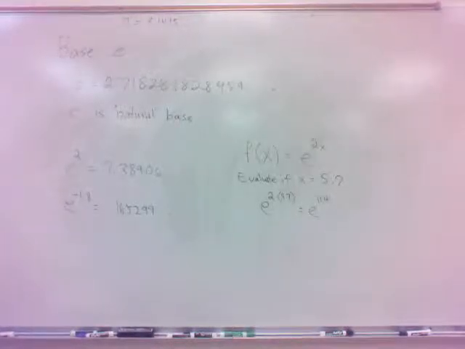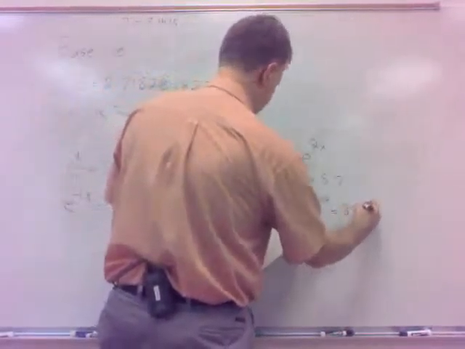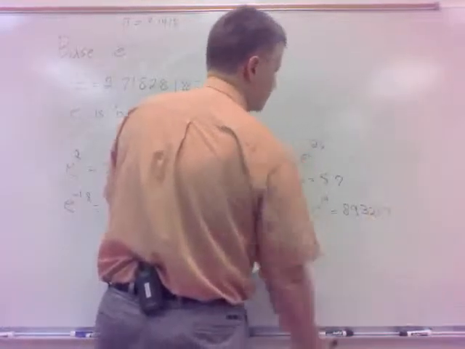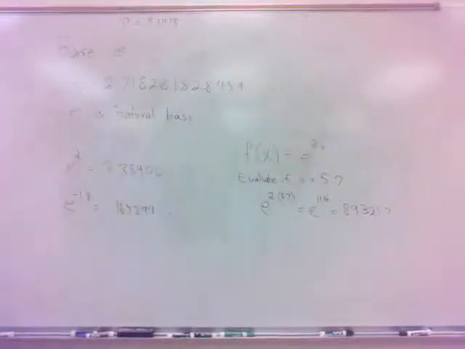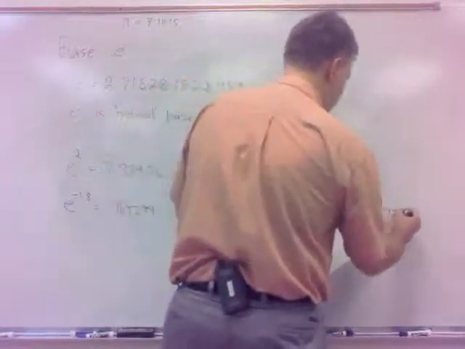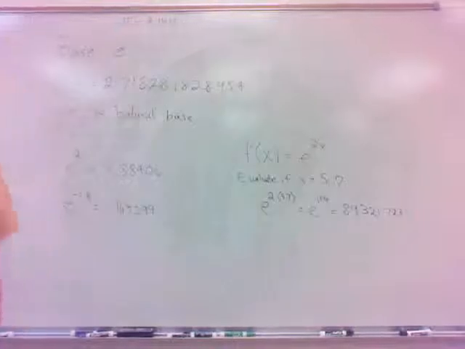Is that okay? I lost my e button. There it is. E to the 11.4. I get, ooh, big number, 89,321. Oh, that's rounded. 722, 7233, keeps going. And it may say round off to the nearest hundredth or whatever, but okay?